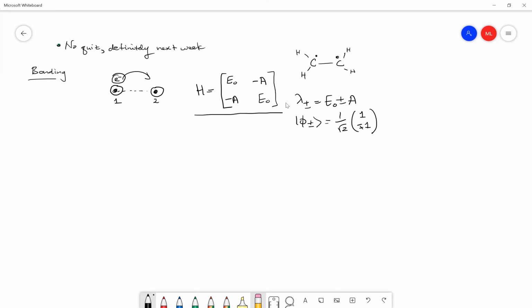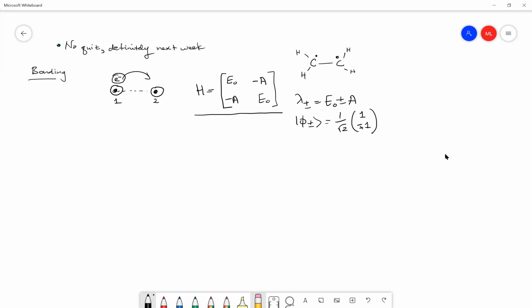And for most kinds of bonds, the electrons want to be in the symmetric combination. So that's why A is defined the way it is. For plus A and minus A, if A is a positive number, the lower state is E naught minus A, that's the ground state, it's the lower energy, and that corresponds to a symmetric combination of the two bound states, right?